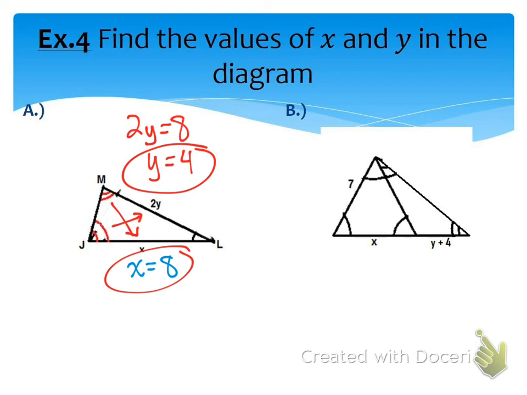Okay. On letter B, again, x is going to be the easier one to identify, in my opinion. Anybody identify it? 7. Okay, so we've got this equilateral, equiangular triangle on the left side, which makes x equal to 7.